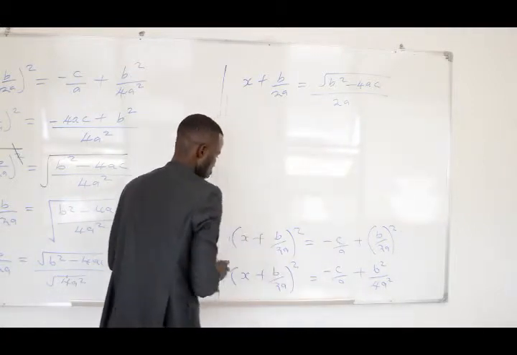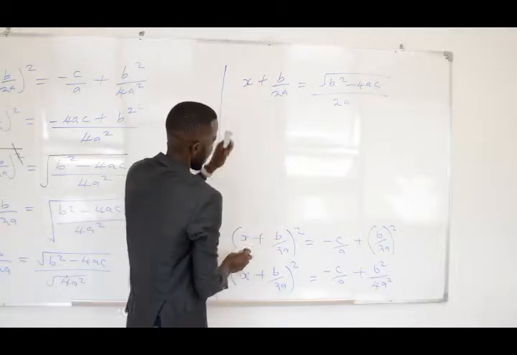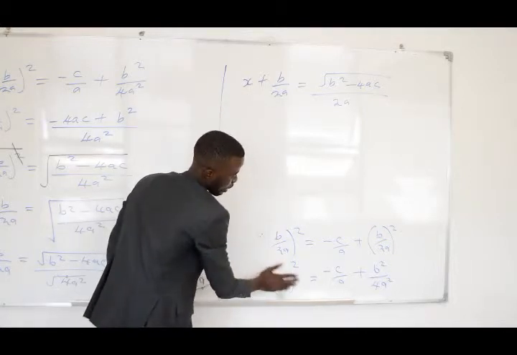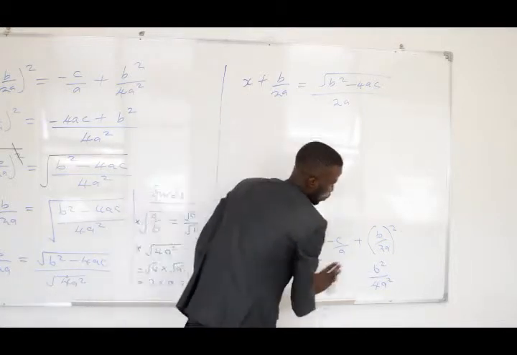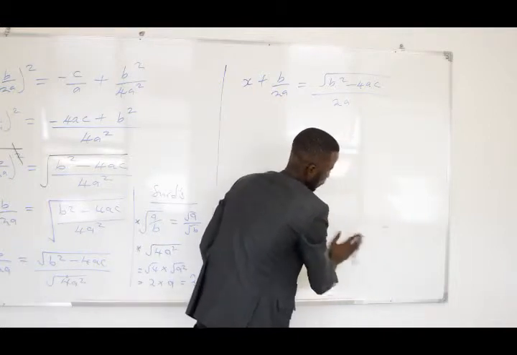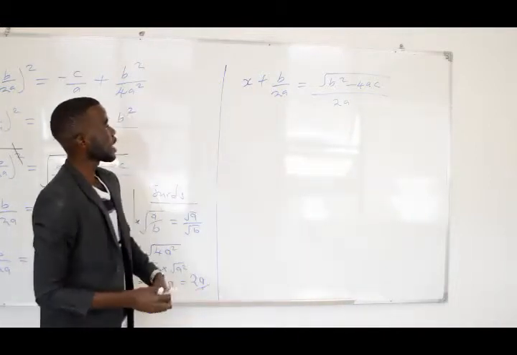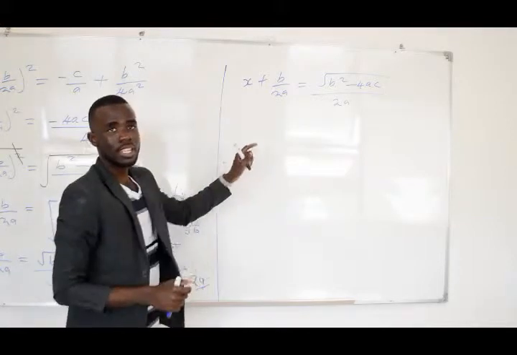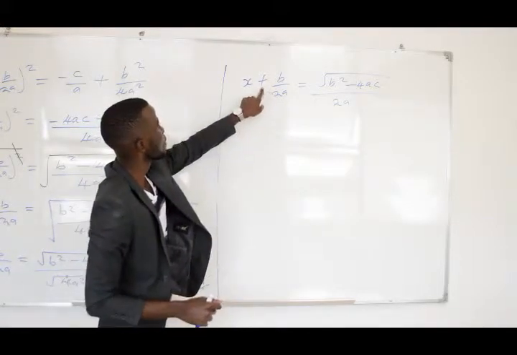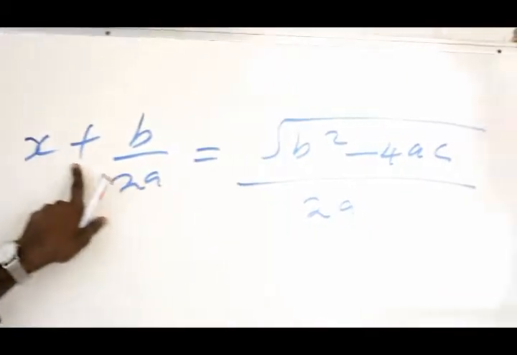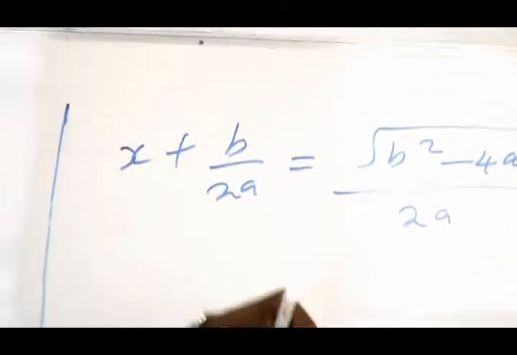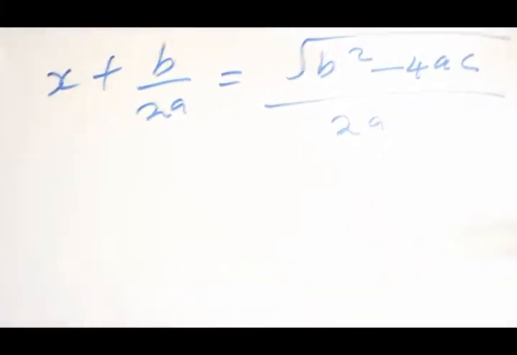Now we need to leave the value of x alone, so we need to bring all the constants to the right hand side. This positive b over 2a has a positive sign. When it goes to the other side, it will become negative.